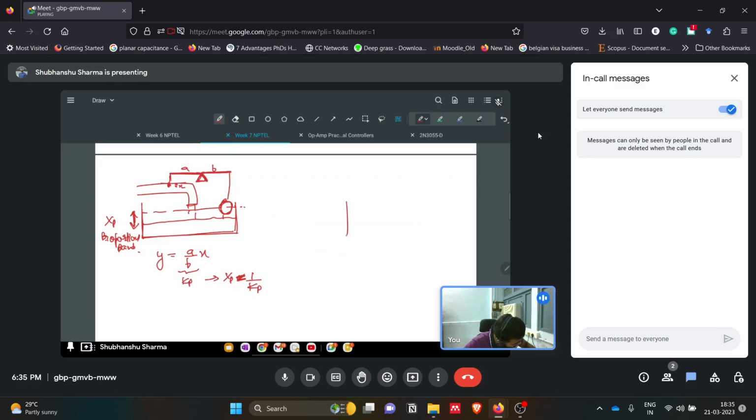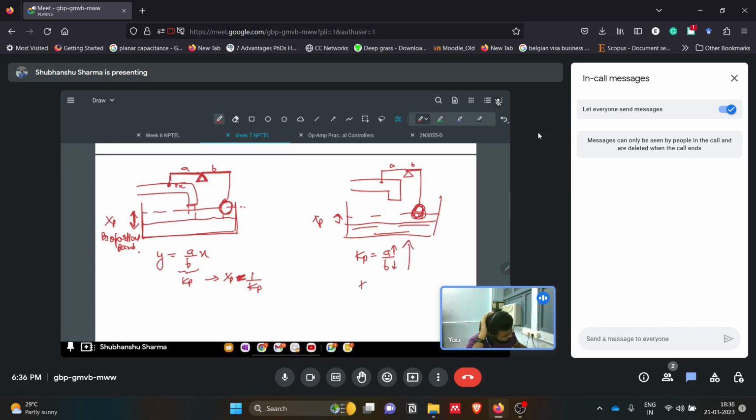But if we change the position of the fulcrum, let's say now we are giving more space to A and very little space to B, the proportional band will decrease, because Kp is A by B. We are decreasing B, the length of the other half of the rope, and increasing A, so Kp will increase.